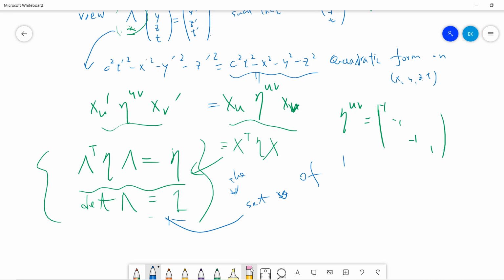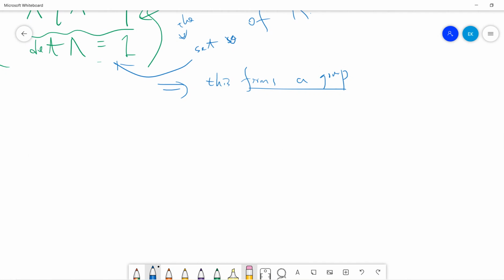So this is the set of lambda. The key is that these forms are a group. Okay, I think now the reason is clear, because lambda transpose eta lambda is eta, right?